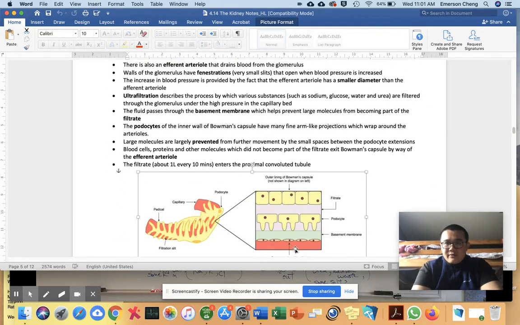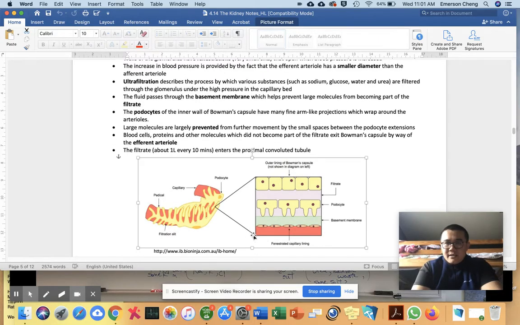If you look here, that's another diagram of it. You have the blood vessel here. The blood will go through these fenestration slits, past the basement membrane, past the podocytes, and then becomes the filtrate.